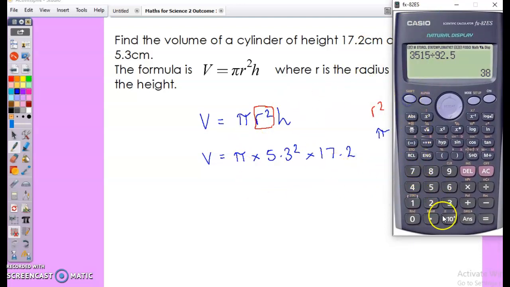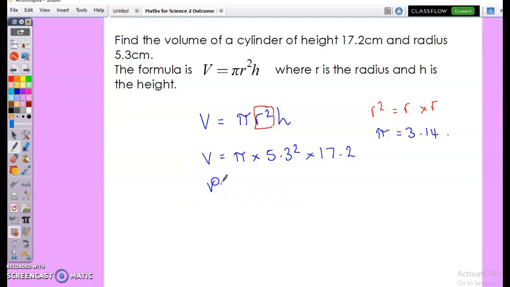Okay. My pi button is down here, so I have to press shift and then this button, because it's that wee symbol there, and then times by 5.3 squared times 17.2, and that gets me, oh, here we go, calculator's going to disappear, 1517.85.